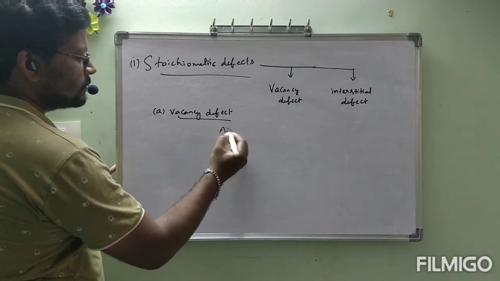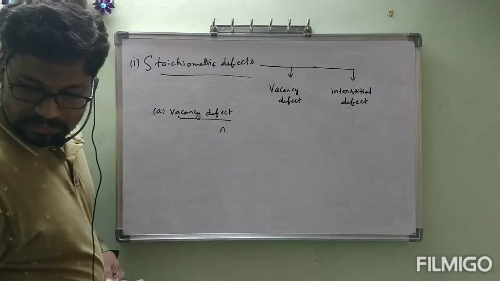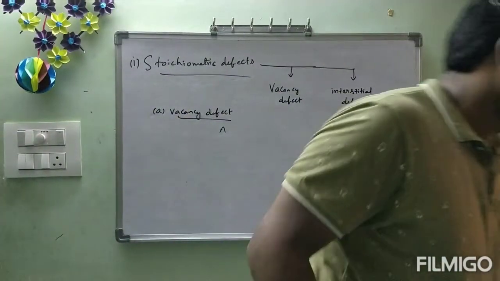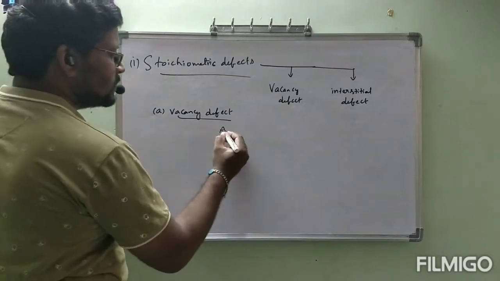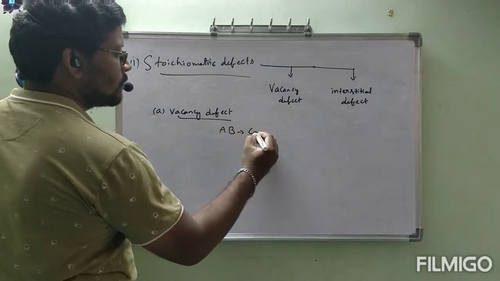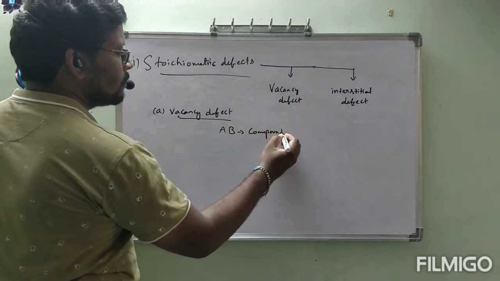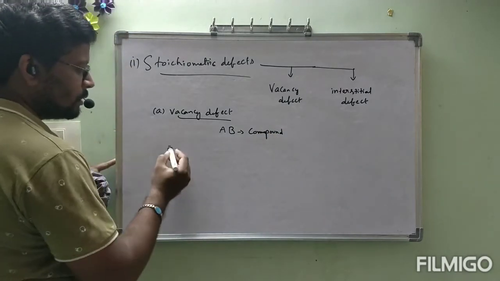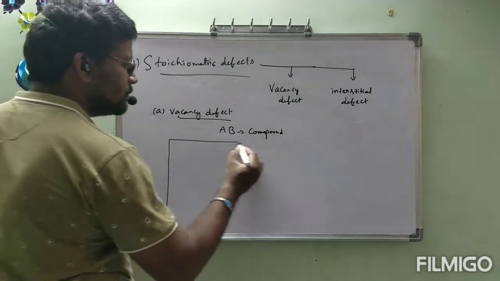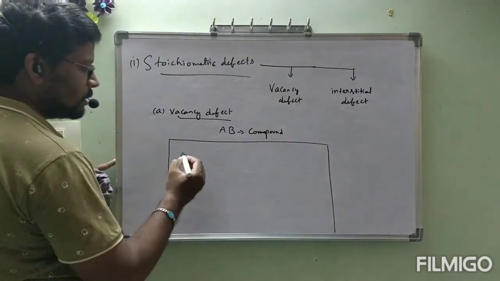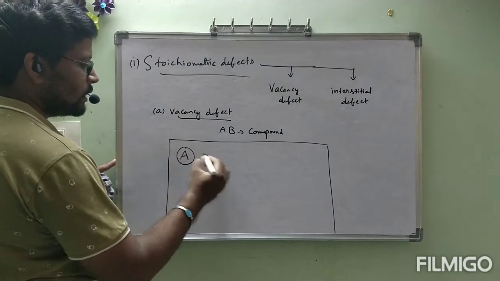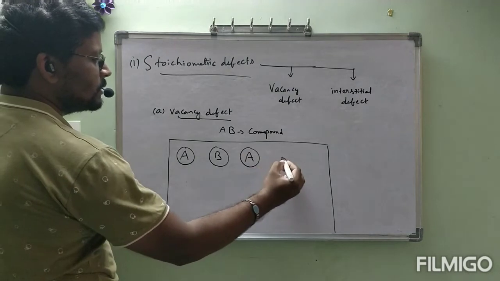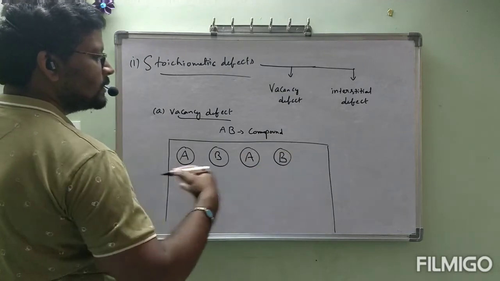AB is the compound. This is a small example. A particle, next B particle, next again A particle, B particle, like that it is continued.